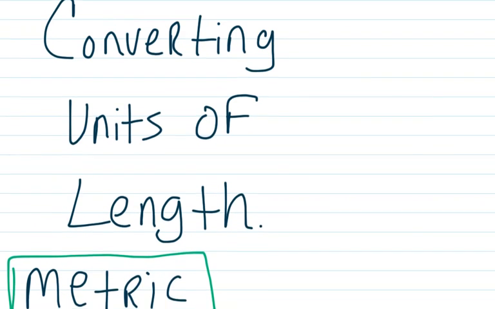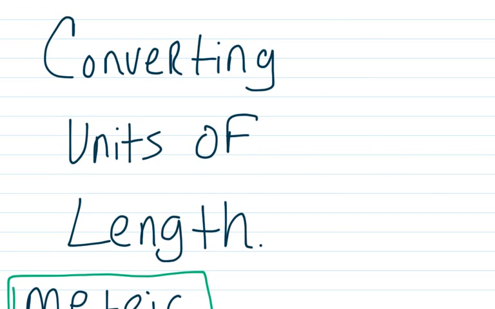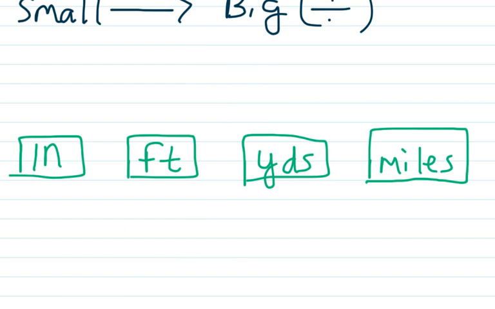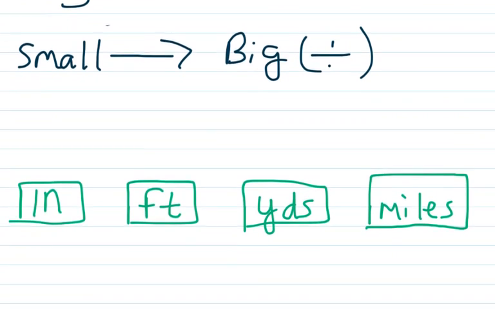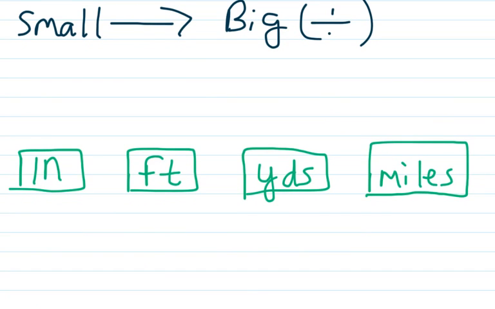So now let's talk about trying to convert first with customary units of measure. So you remember our little mnemonic that if we're going from a big measurement to a small measurement, we multiply. And if we're going from a small measurement to a big measurement, we divide. So a foot is a big measurement and an inch is a smaller measurement.